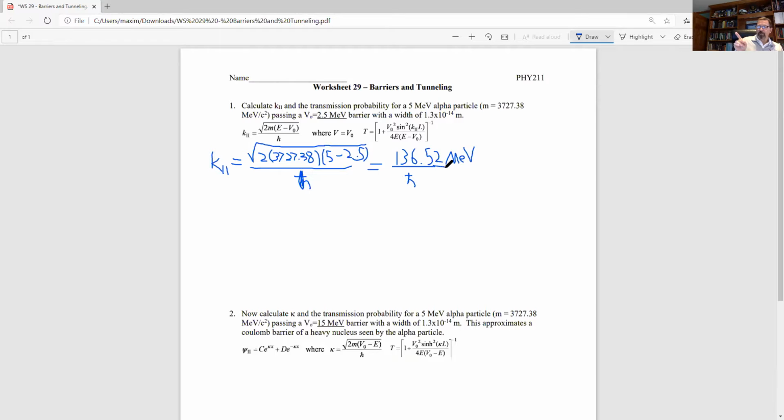Now hold it. One other thing, isn't that over H bar c squared? Actually, H bar c, I'm sorry, because it was under the square root sign, right? Because your mass of your alpha particle was MeV per c squared. And so you needed a c squared under the radical and a c in the denominator.